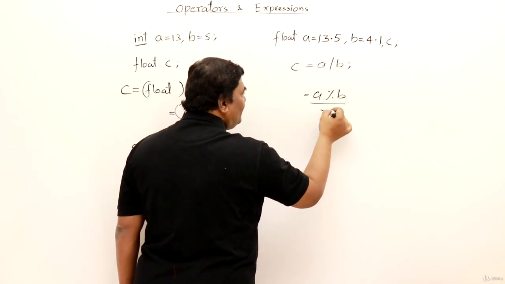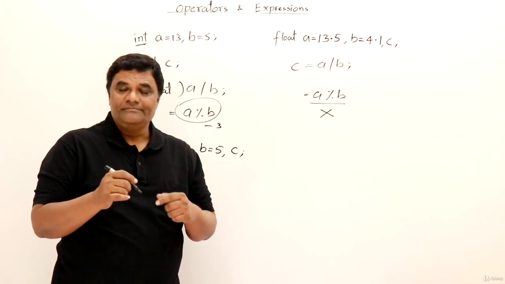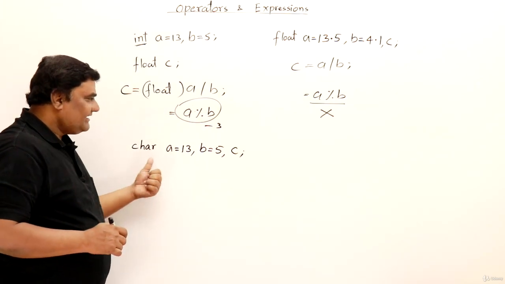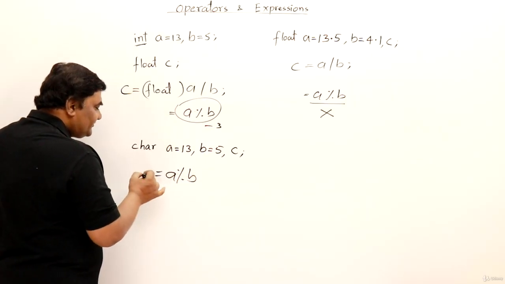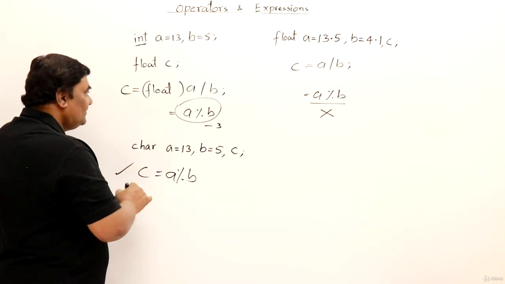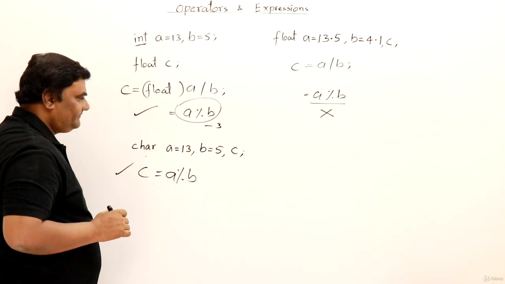No, we cannot perform the mod operation on float numbers. This you must know. Then I have one more data type here, that is character type. Suppose I want to perform A mod B and store the result in C. Is it allowed on characters? Yes, it is allowed. So mod is allowed only on integers and characters.